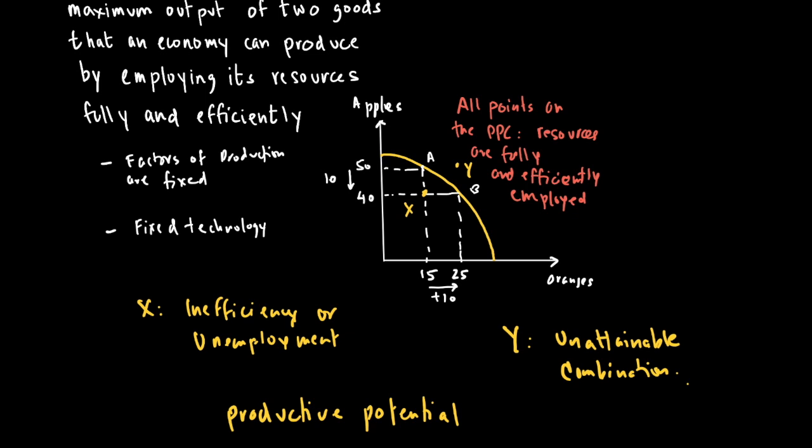So when you want more of one good, you have to give up something of the other by diverting resources from one production to another. Okay, and all points not on the curve but under the curve show you inefficiency and unemployment, while all points to the right, which is beyond the curve, show you unattainable combinations, which with the given resources and technology cannot be attained.